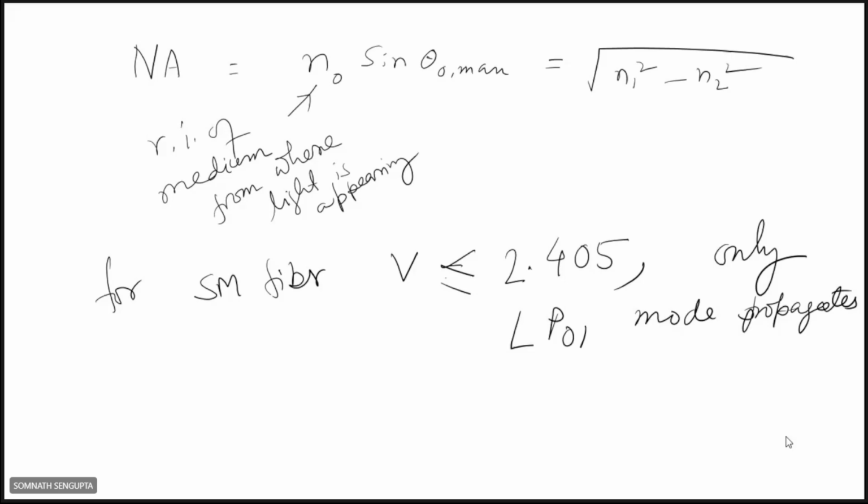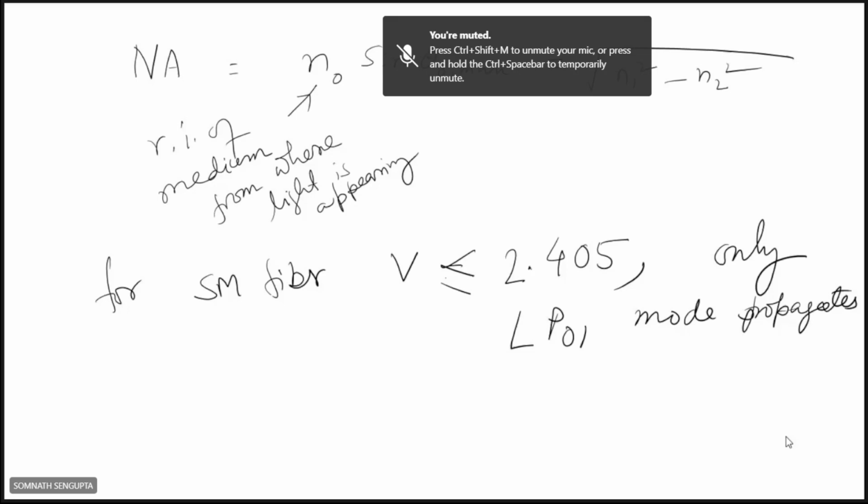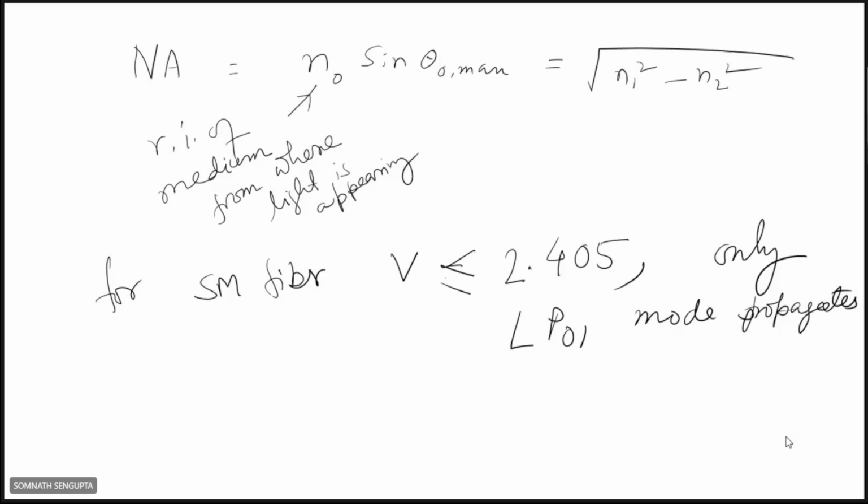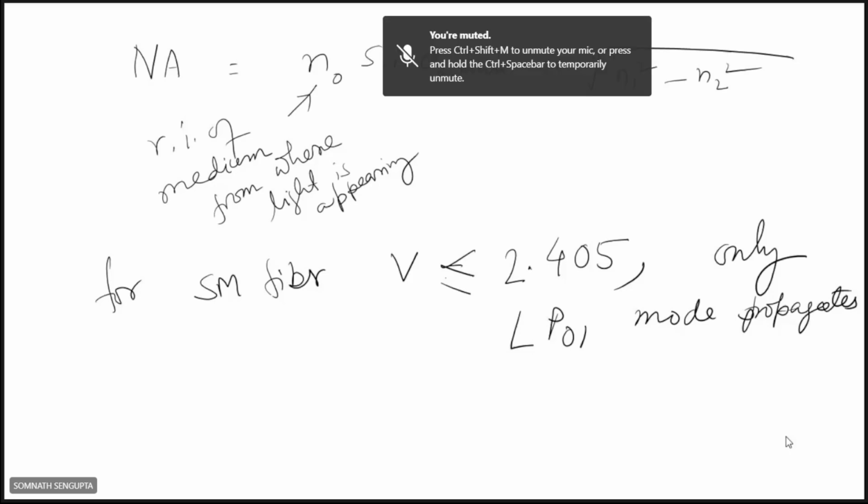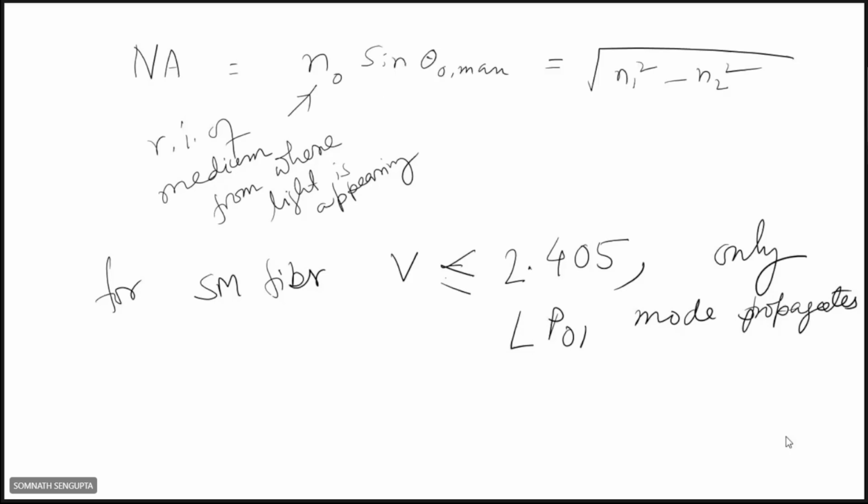It will not propagate only if core diameter is 0. In cladding, it cannot propagate only if its core diameter is 0, then the light cannot propagate. Then what is the equation of numerical aperture? We have discussed.